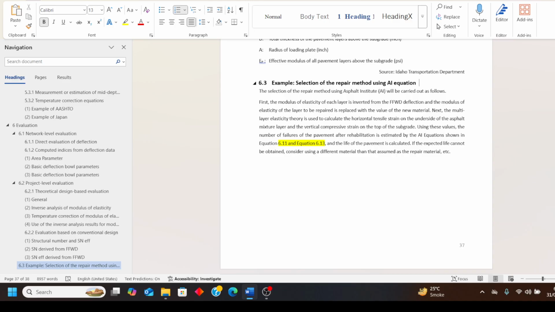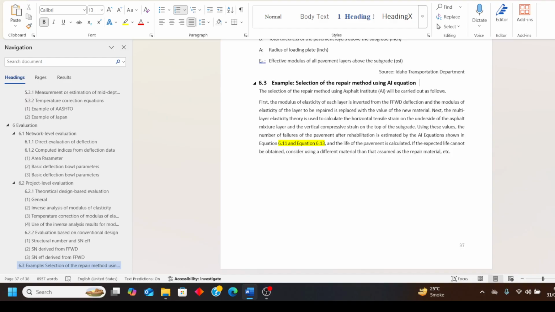And for the rehabilitation, we replace that layer's modulus with the modulus of the new repair material, for example, the new asphalt mix.